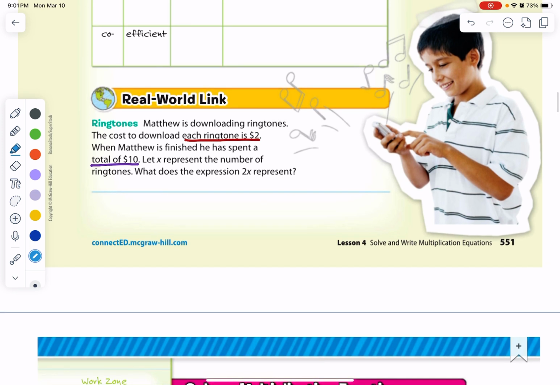We're going to let x represent the number of ringtones. What does the expression 2x represent? Oh, so they're not really asking us to solve it. They are asking us to state what 2x is the same as: each $2 ringtone times the number purchased.